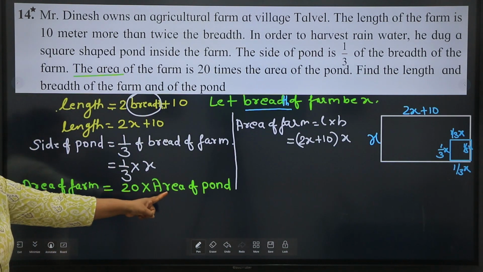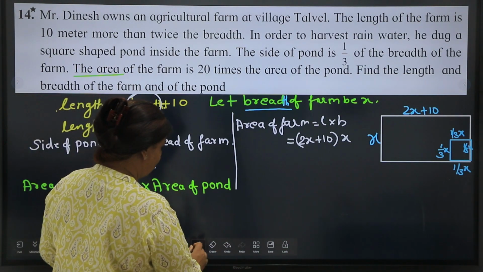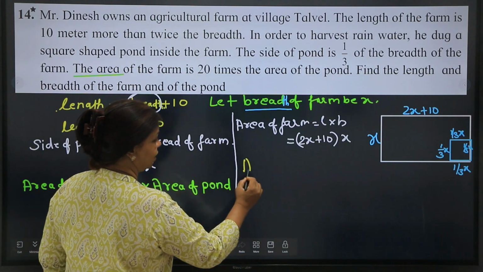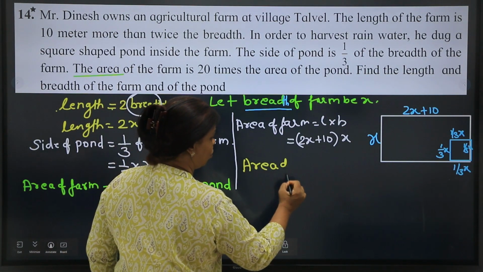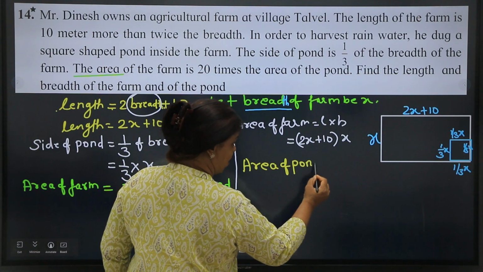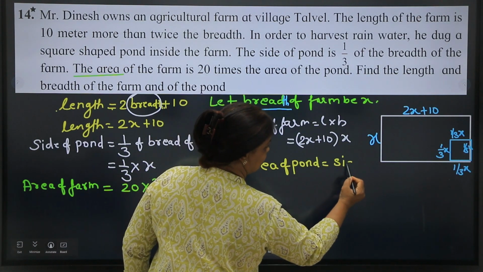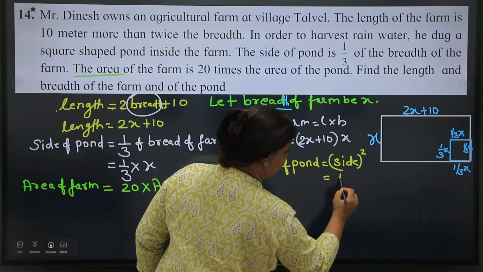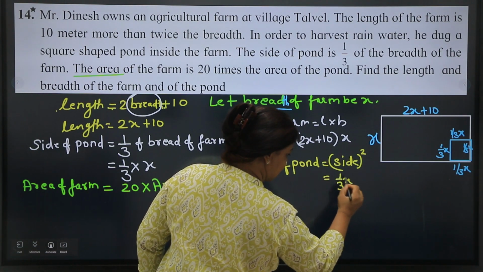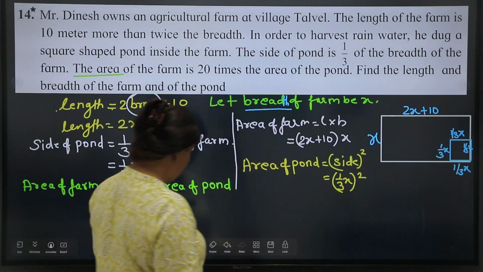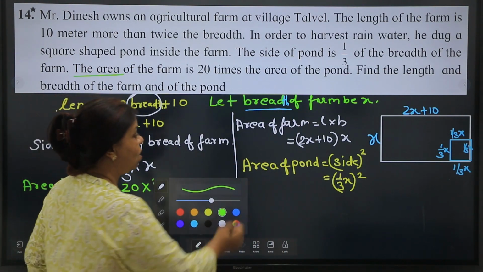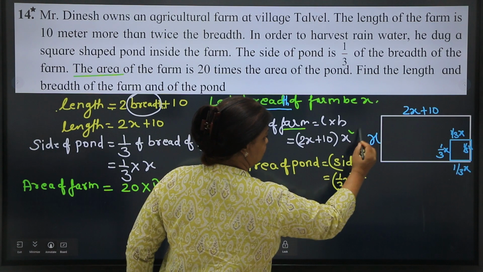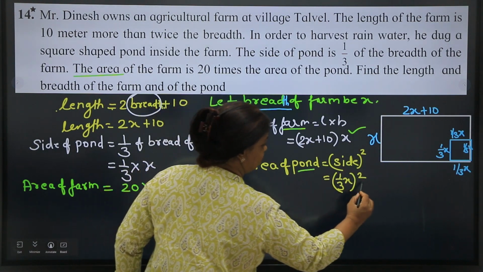And we also want area of pond. So what is area of pond? As it is a square, it will be side square. And what is the side of the pond? 1/3 x, the whole square. So we know now, children, area of the farm and area of the pond.